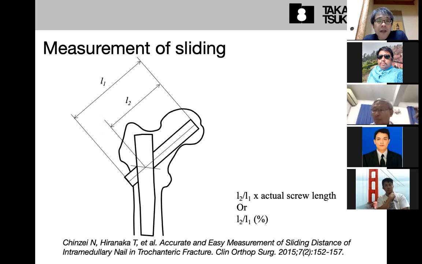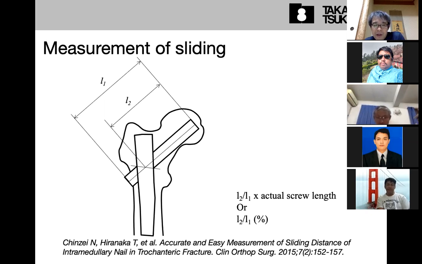Using this measurement system, I measured many patients' sliding lengths, because cutout is not so common but very serious. Maybe the cutout rate is 1% or less. But recently this percentage may slightly increase because so many patients have osteoporosis.